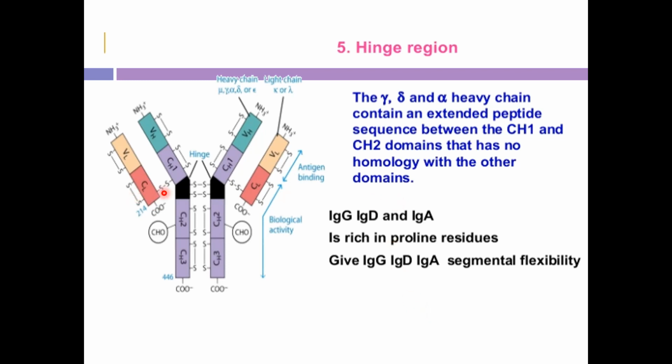The hinge region is the region where these two chains are joined to each other and form a kink. The gamma, delta and alpha heavy chains contain an extended peptide sequence between constant region 1 and constant region 2 that has no homology with the other domains.